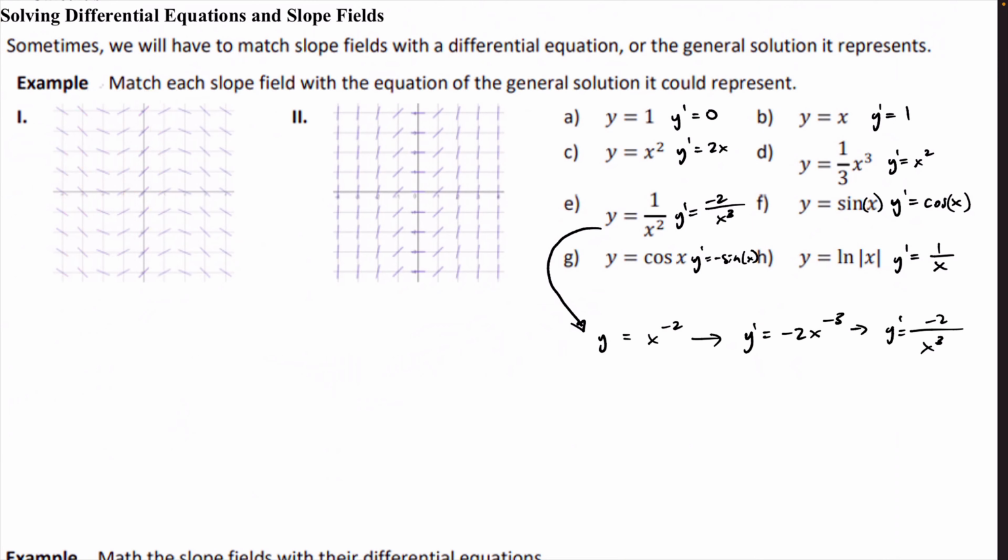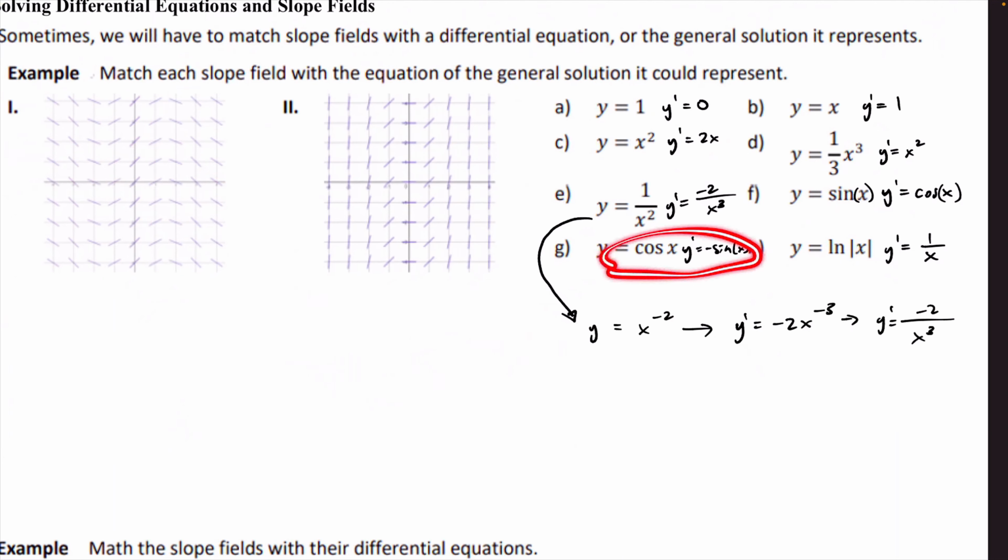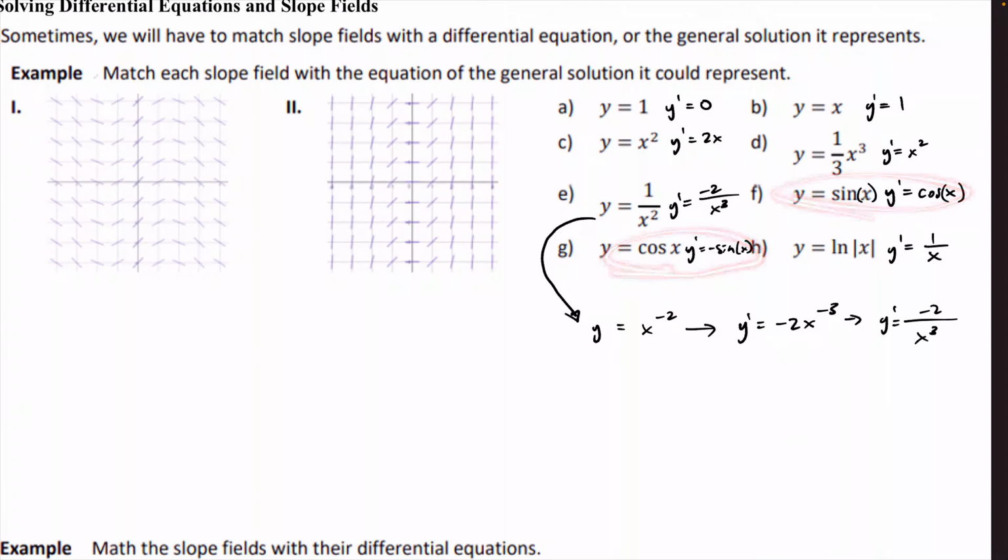Looks like a trig function, right? It increases, decreases. Starts decreasing, then increases, then decreases. So it's either going to be sine or cosine, so either G or F. Okay, let's go with F. We're using the differential equations now.